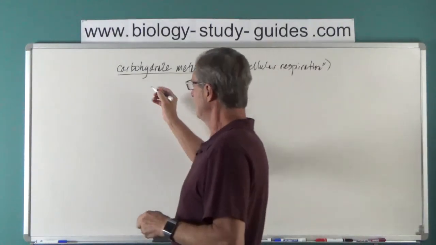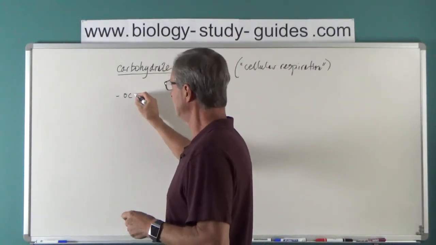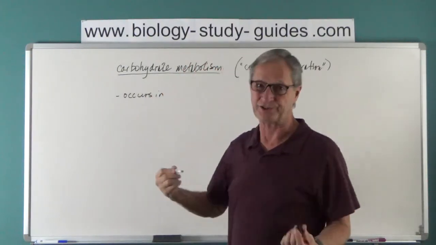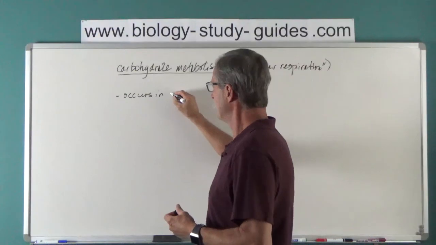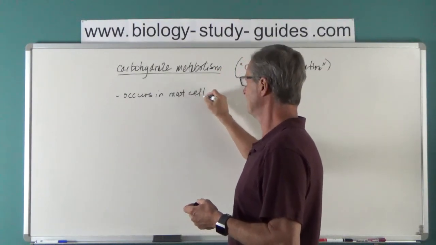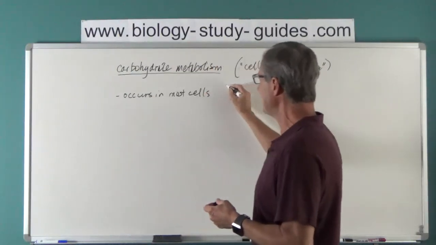Really, it occurs in many cells. I can't say all cells, that'd be an oversimplification, but I think we could probably say it occurs in most cells, prokaryotic and eukaryotic.